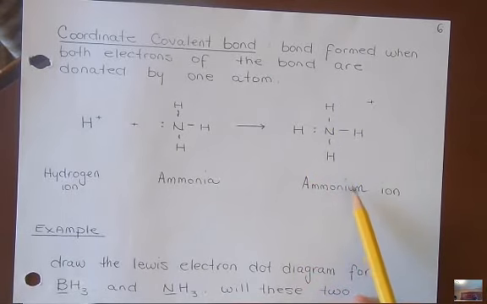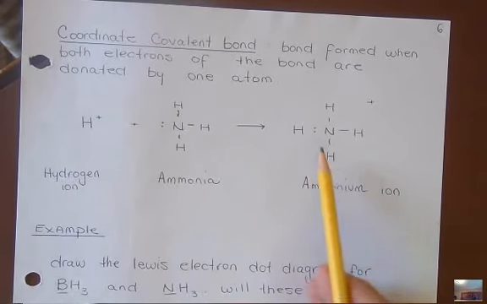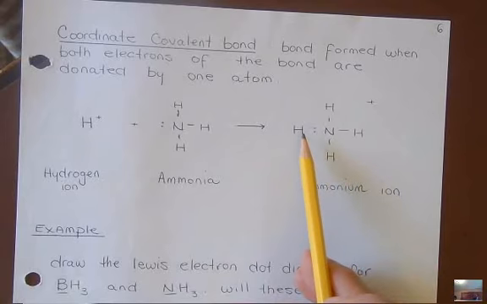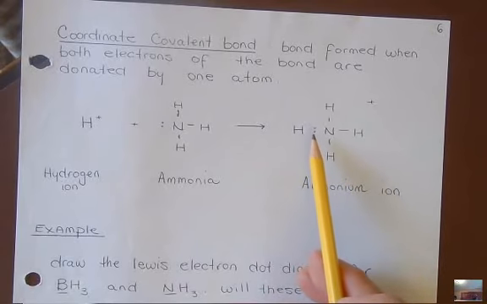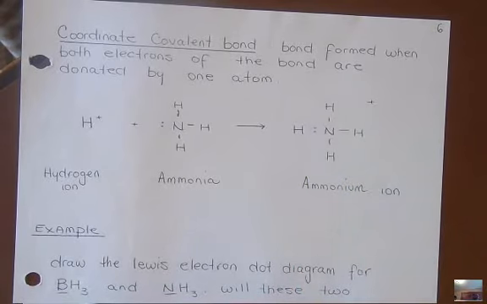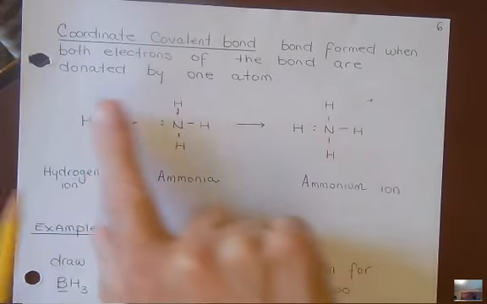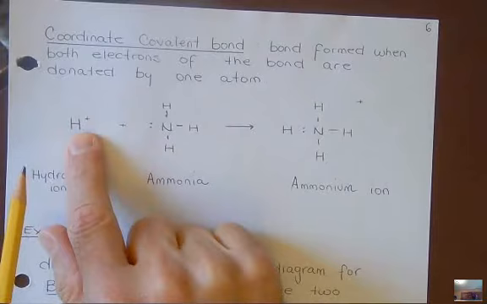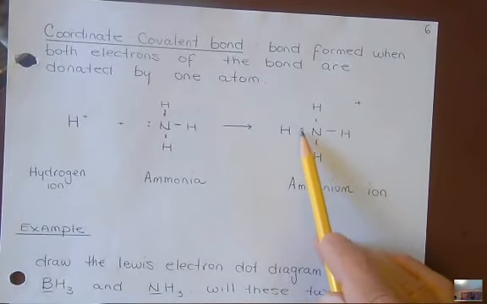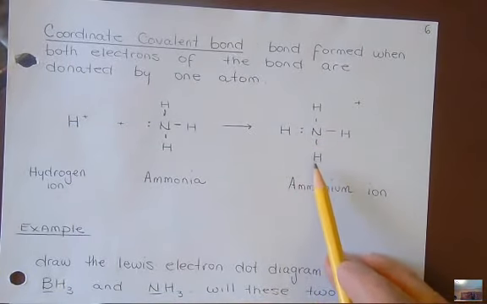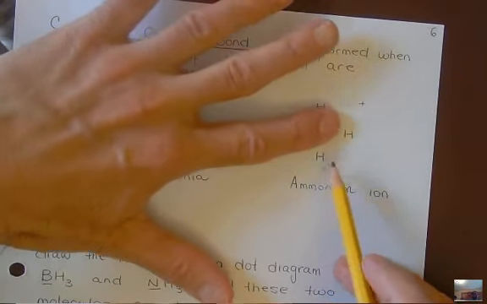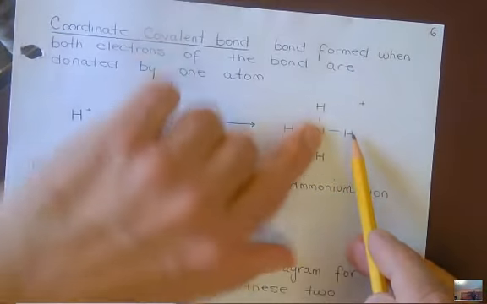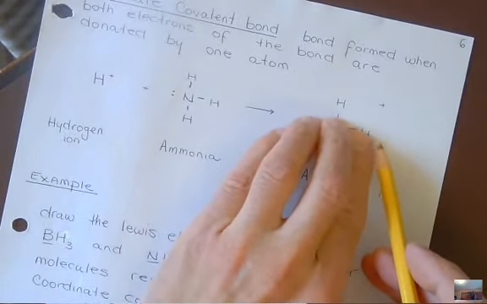Everyone still has an octet in this formula, but you've also given this hydrogen over here a duet. Look, it's happy with 2 electrons. Here, poor guy had none, right? This is really starved of electrons. So happy with 2, happy with 2, happy with 2, happy with 2.